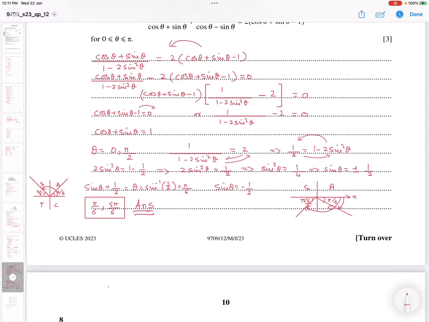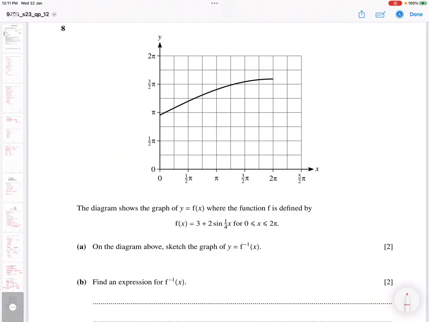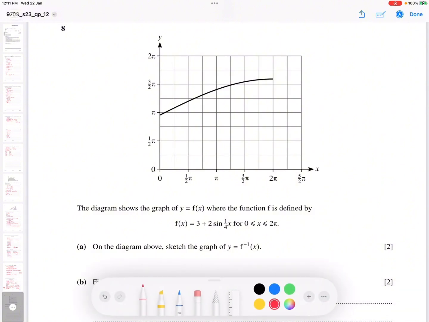Question number 8. The diagram shows the graph of y is equal to f of x, where the function f is defined by this. On the diagram, sketch the graph of y is equal to f inverse of x.